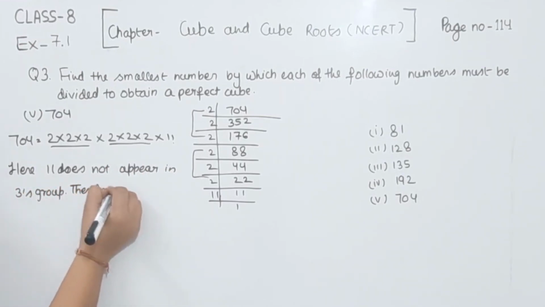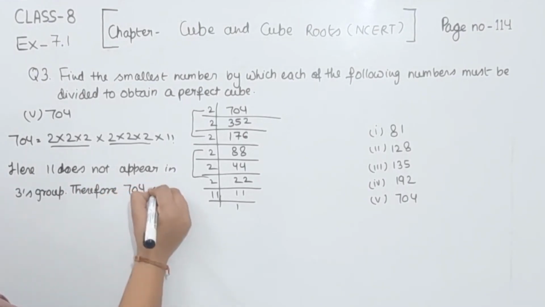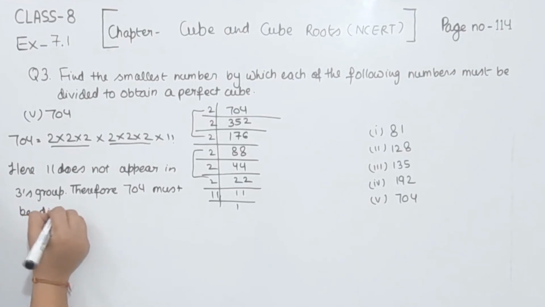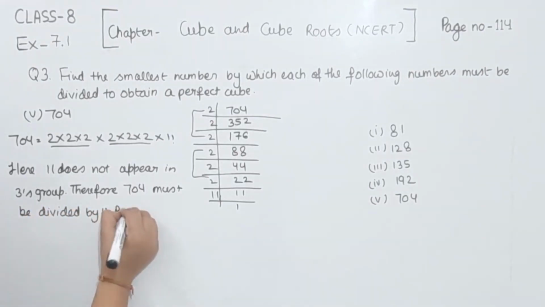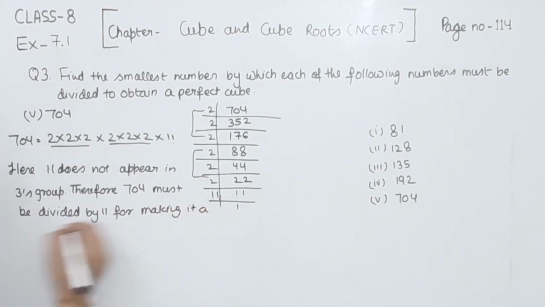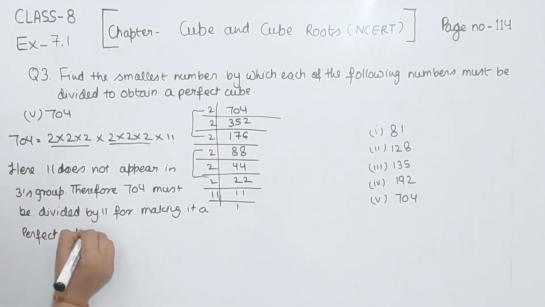Therefore 704 must be divided by 11 for making it a perfect cube. This is part 5. With this one, we have completed question number 3. In the next video, we are going to start with question number 4.